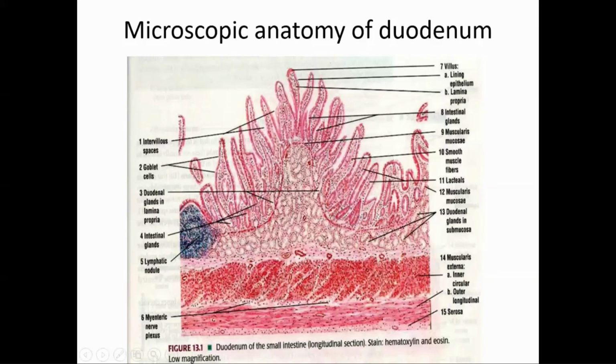What are the parts of the mucosa? The lining epithelium is simple columnar epithelium. Then the lamina propria, where there is a presence of the intestinal glands or the crypts of Lieberkühn, and the muscularis mucosae, which is made of 2 layers of muscle: outer is longitudinal, inner is circular.